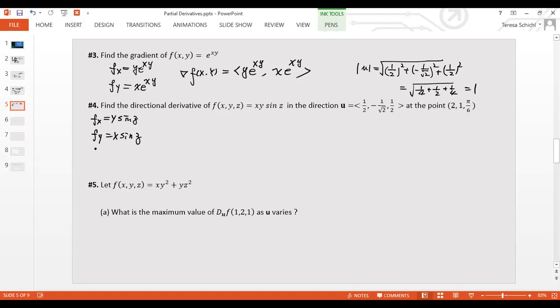Okay, and the f_z here, so what is f_z? The z is a cosine, so it's xy cosine z here, okay?